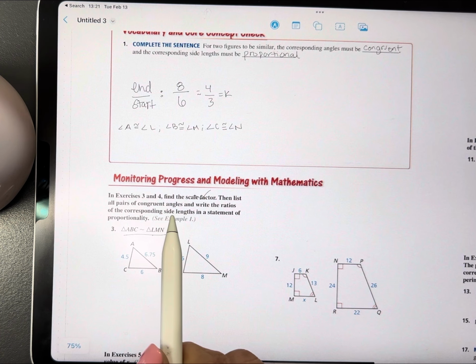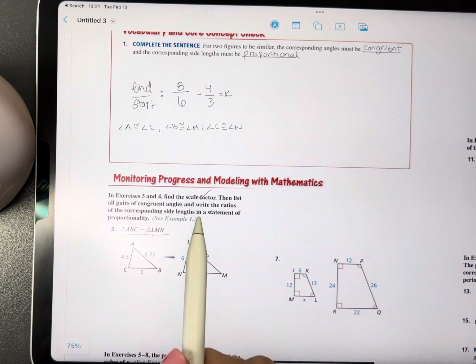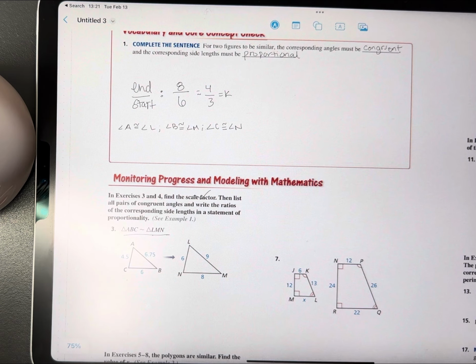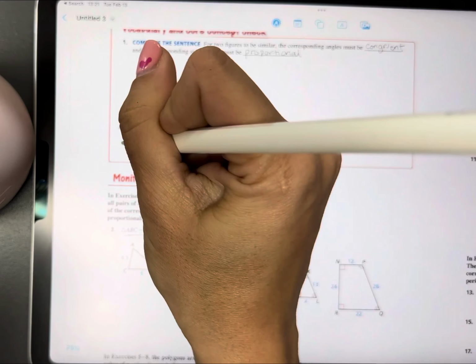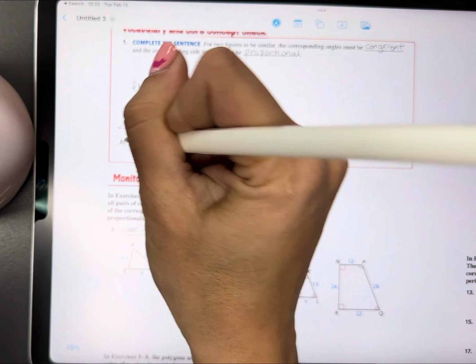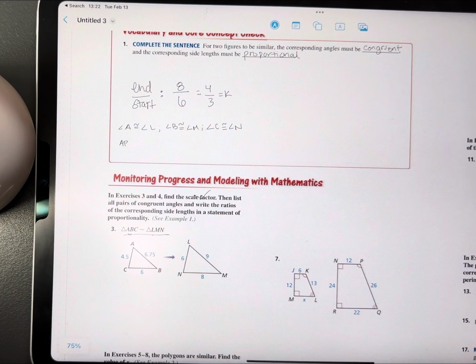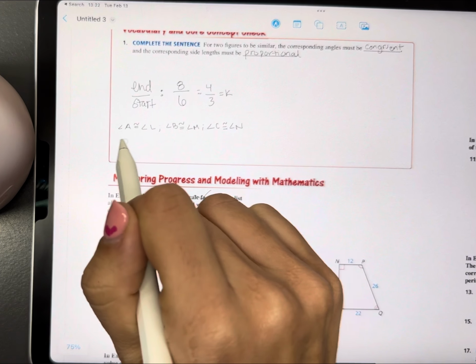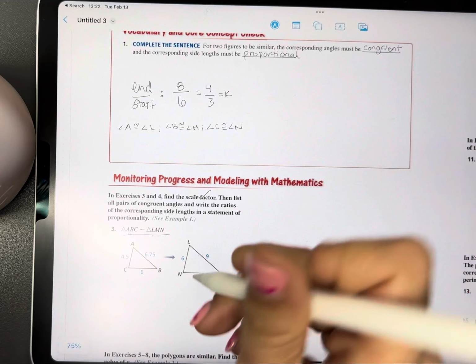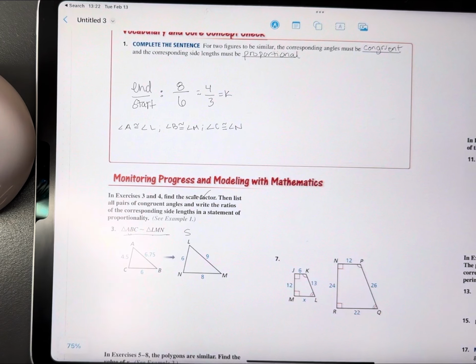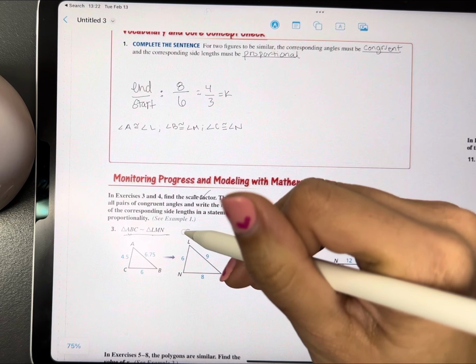Write the ratios of the corresponding side lengths. Okay. Corresponding side lengths, AB. So side AB. Oh no. I was about to do it again. We take where we ended up over where we started. So I'm gonna write a huge thing here to not forget.